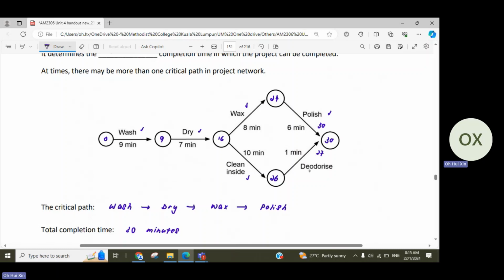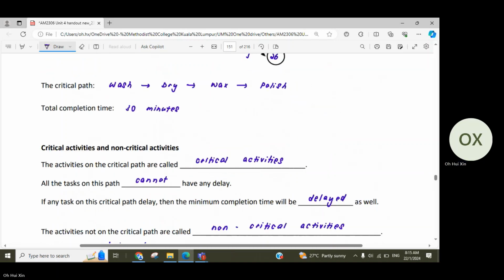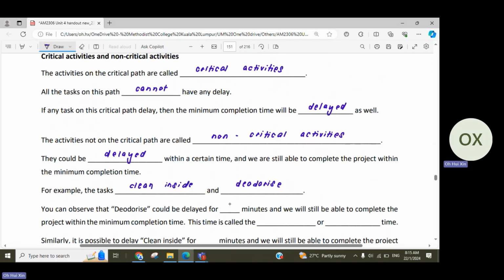Imagine if I spend 4 minutes on deodorize, I will still be able to finish this project within 30 minutes, because 26 plus 4 is 30, so my completion time for this project network is still 30. It wouldn't create any delay. So deodorize could be delayed for 3 minutes and we are still able to complete the project within the minimum completion time. Basically this time is what we call slack or float time. Later when we learn about EST and LST, we will dive into this a bit deeper.